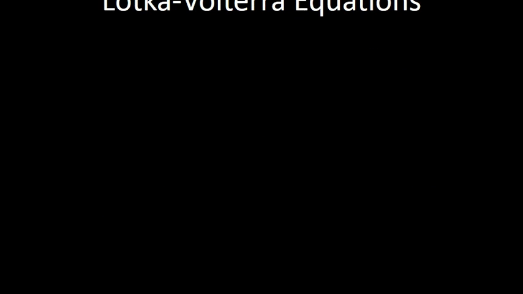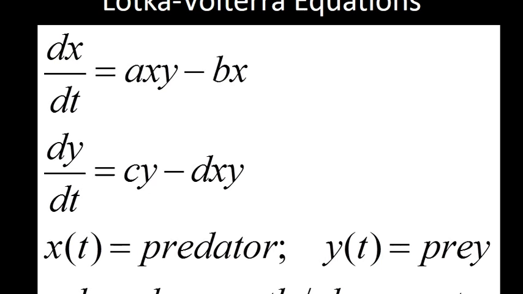This model is mathematically described by a very classical set of equations that are referred to as the Lotka-Volterra equations. And I want to go briefly through them. The general idea is that we have two populations, X and Y. X is the predator population, and Y is the prey.